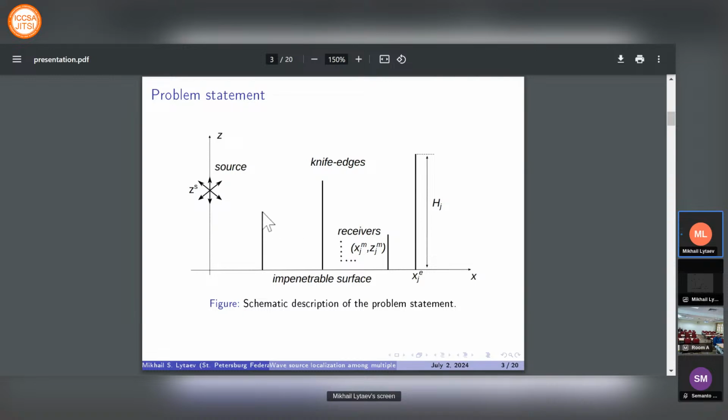We know the positions and the heights of our knife edges, and also we have several point receivers with also known positions and complex amplitude of the wave measured by them. The wave field is generated by the source with unknown position and power. So the task is to find the position of the source and its power.